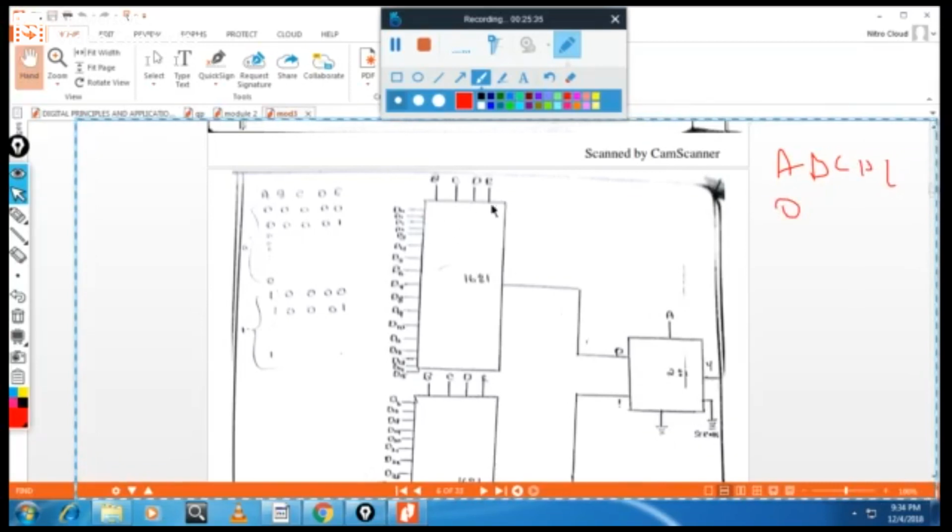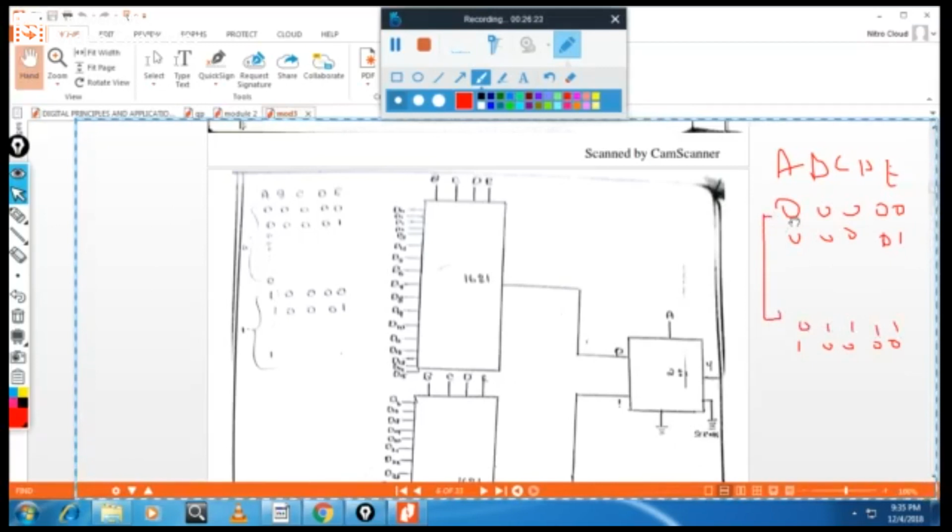And you see now, there are 32 combinations of ABCDE, 16 combinations from 0 0 0 0 0 till 0 1 1 1 1, 5 lines totally. Till these 16 combinations, A is 0. After that, for the next 16 combinations, A is 1.